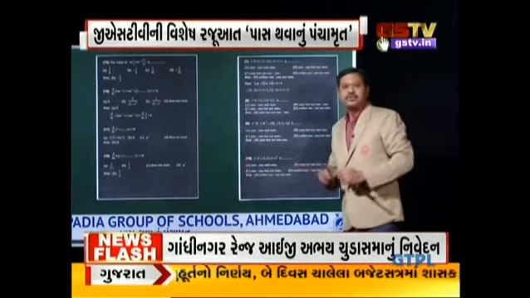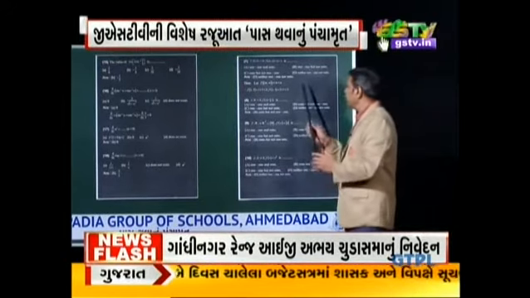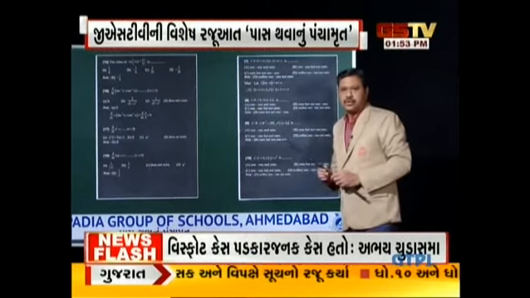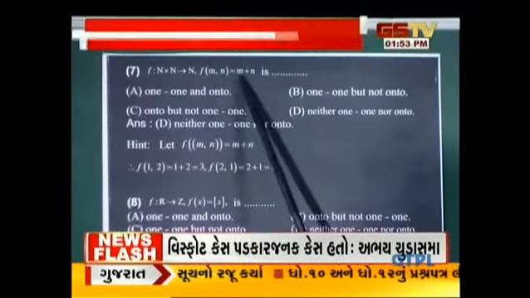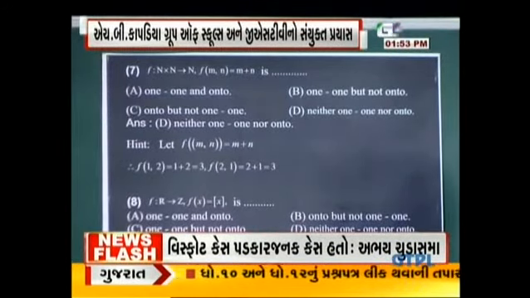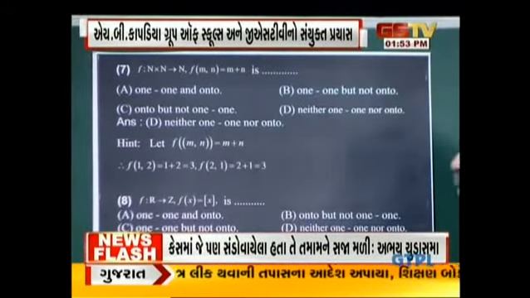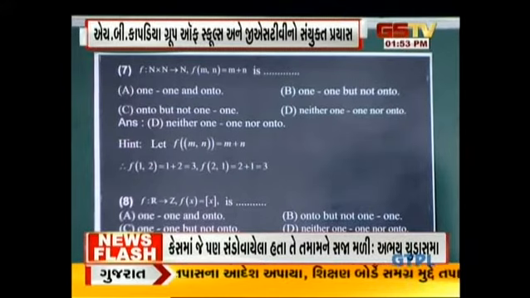As you know very well, for an onto function, range is equal to codomain, and here range is not equal to codomain, so it's not onto. So neither 1-1 nor onto is the correct answer.